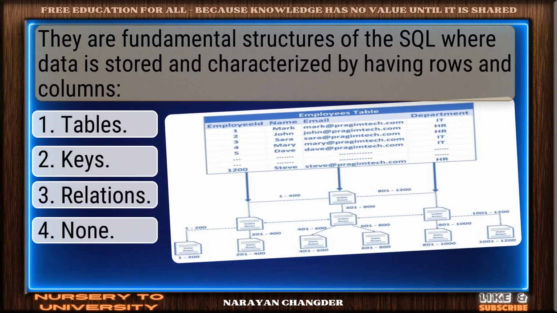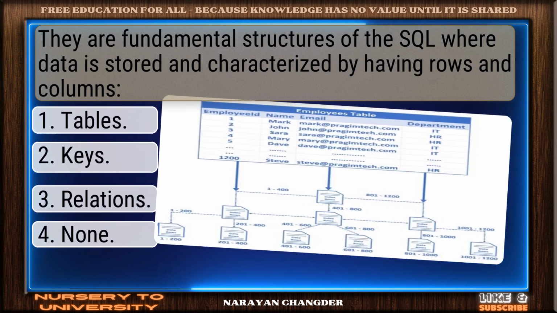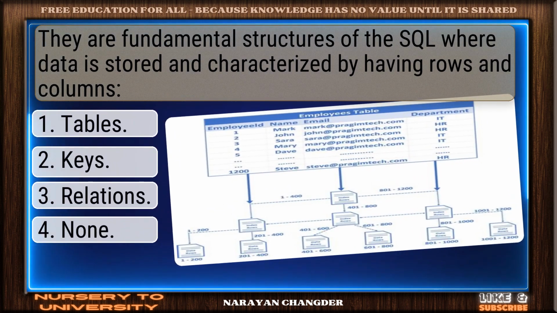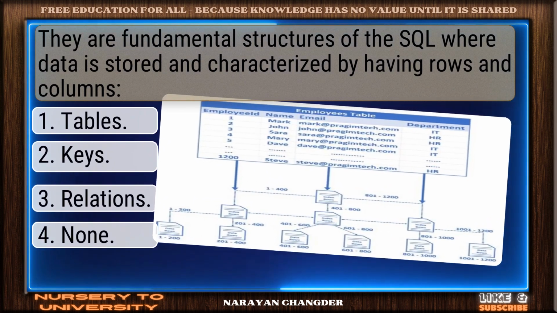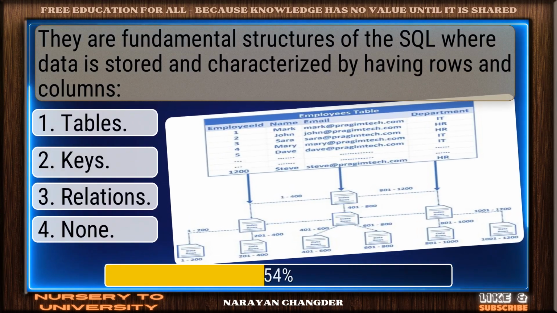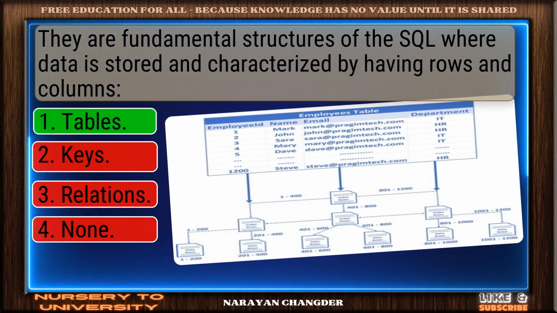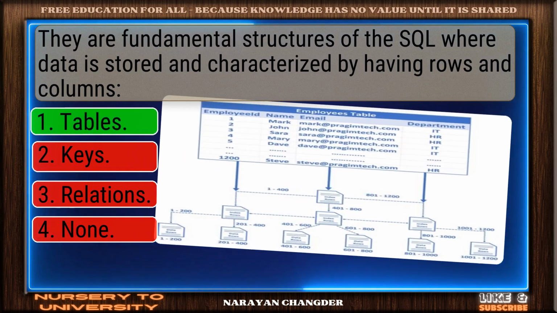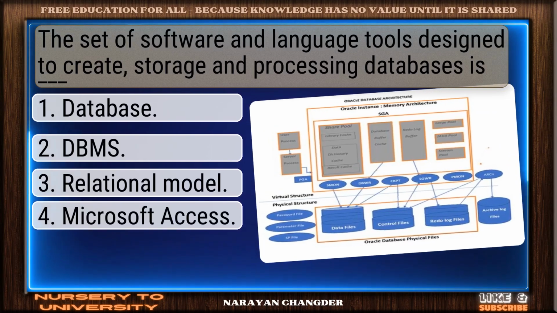Question number 7. They are fundamental structures of the SQL where data is stored and characterized by having rows and columns. Nice work. You chose tables and it is correct. Question number 8.